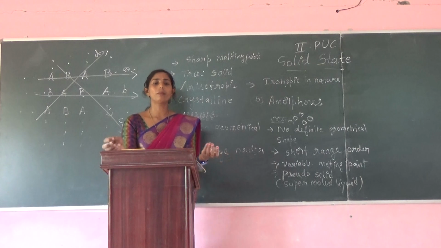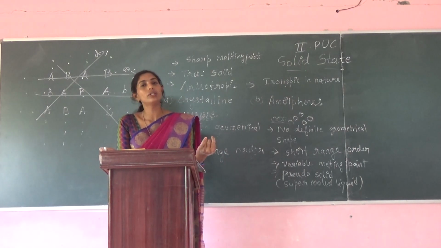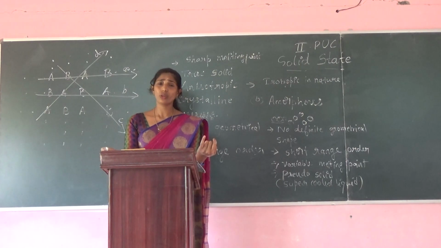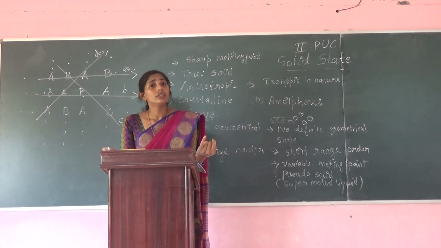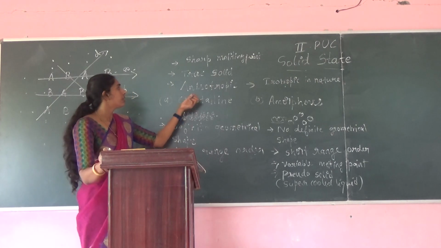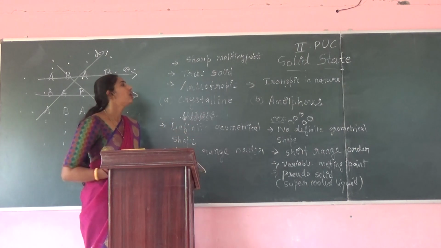Okay, we'll have examples for crystalline and amorphous solids. For crystalline solids, we can give the example of sodium chloride, and other crystals like sodium benzoate, cesium chloride, lithium chloride, ionic solids.